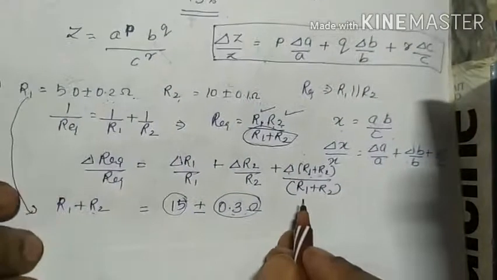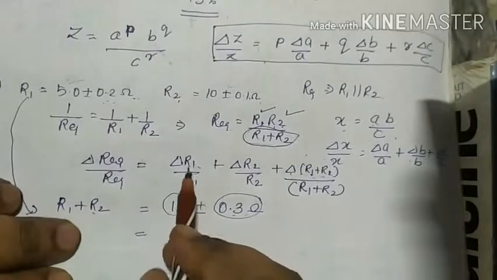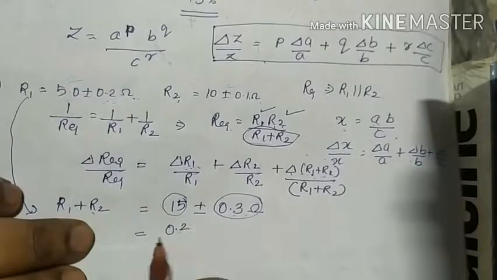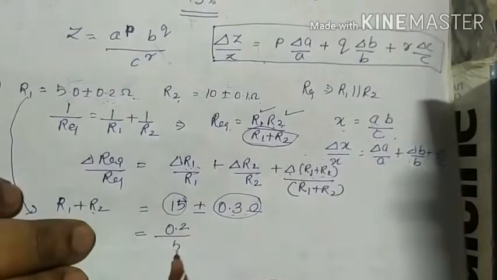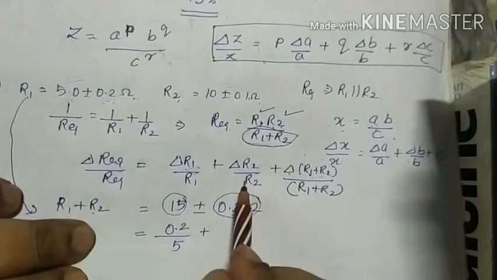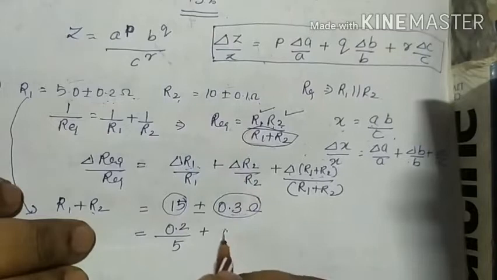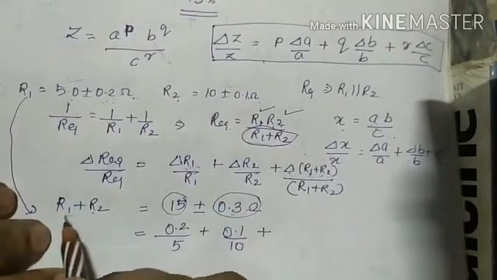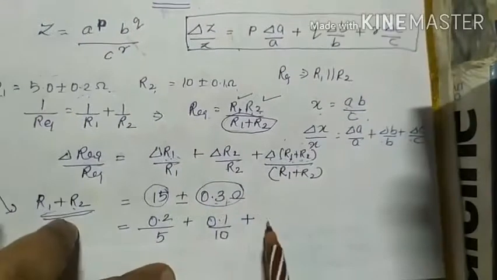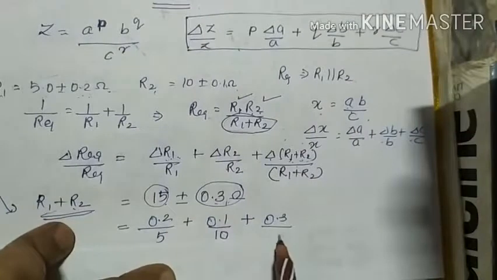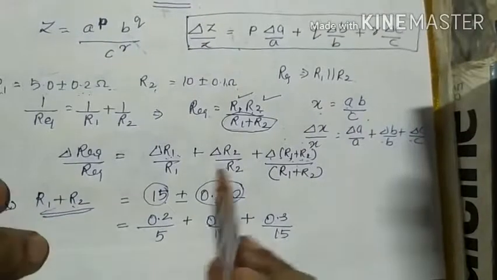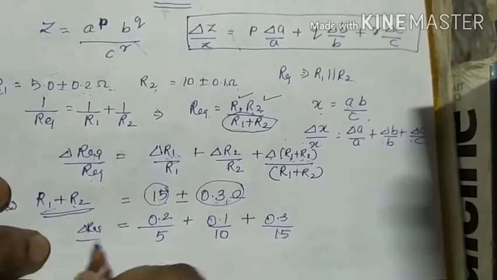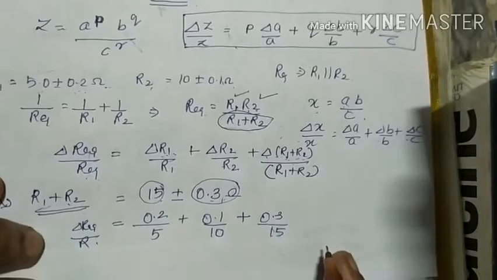This much is clear. So when I substitute values, delta R1 is 0.2, so 0.2 divided by R1, which is 5, plus delta R2 by R2, that is 0.1 by 10, plus delta of R1 plus R2, that is its error, 0.3 divided by its true value, that is 15, the value of R equivalent. So that is delta R equivalent by R equivalent. Clear?